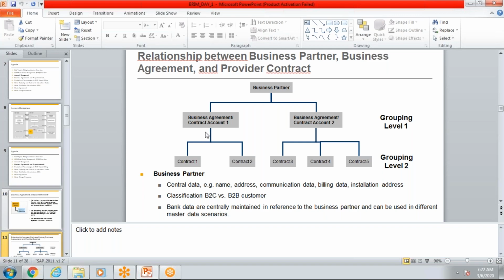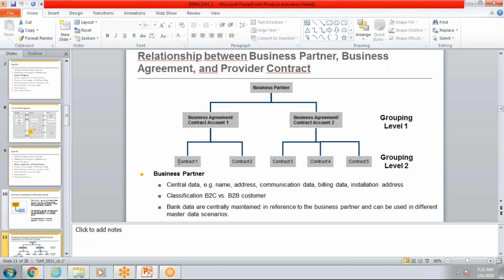This is the meaning of this diagram. I am one customer. Through this business agreement, I am paying my mobile bills, and through this, I am paying my internet bill. Through this ICICI account, I can pay the mobile bill of myself and my mother's.